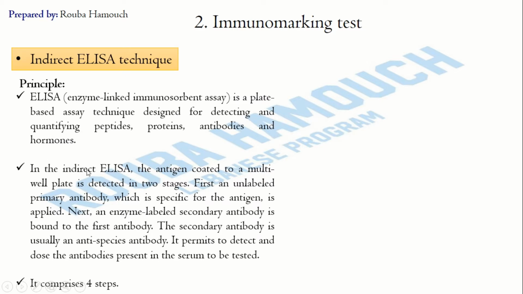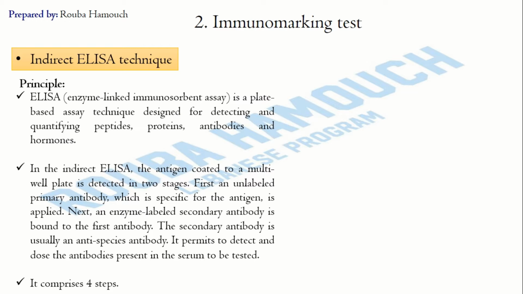In the indirect ELISA, we detect and quantify antibodies, and indirectly we diagnose the disease. So we detect the presence of antibodies in a patient's serum. If the screened antibodies are found in the patient serum, this means that this patient is infected with this disease.